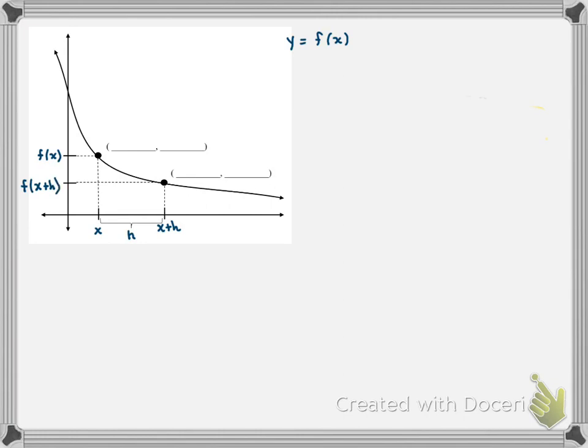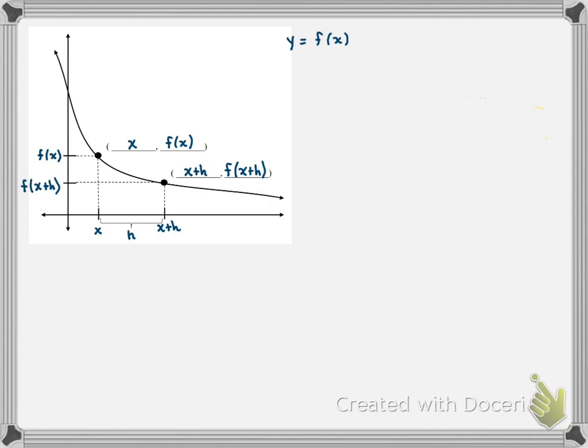So as ordered pairs, this first point has an x value of x and a y value of f of x. The second point has an x value of x plus h and a y value of f of x plus h.